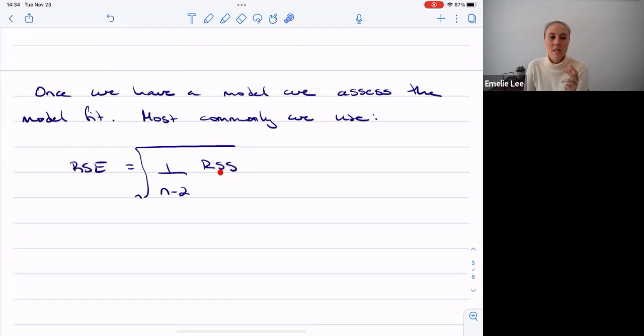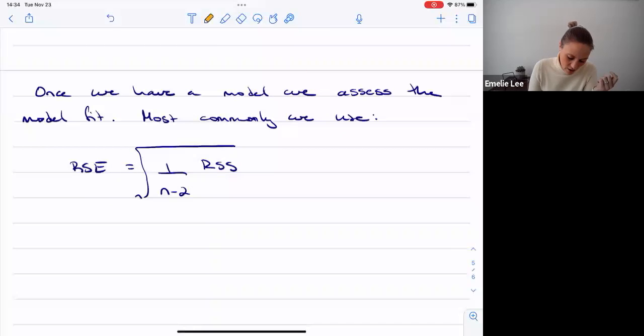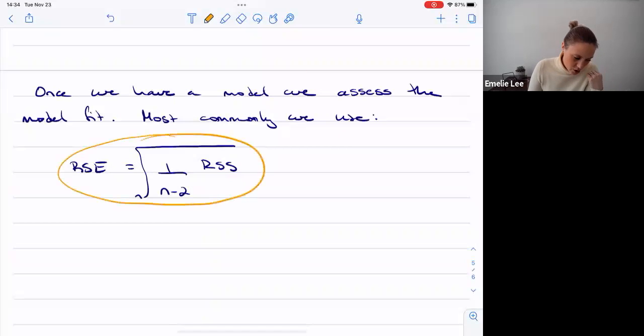And the RSS is the residual sum of squares, so it's the errors squared and then summed up. That depends on the values of y, so it depends on the units of y. So for that reason, we don't tend to use it as much.